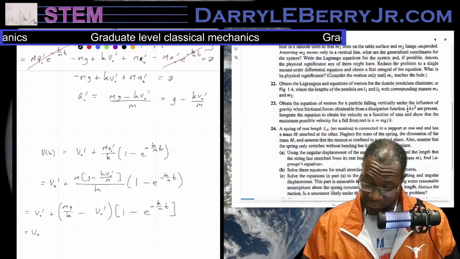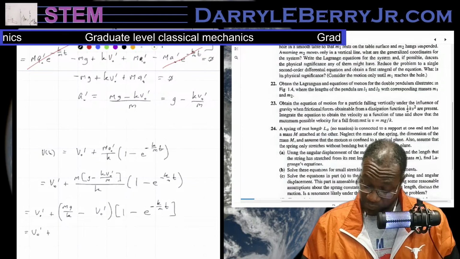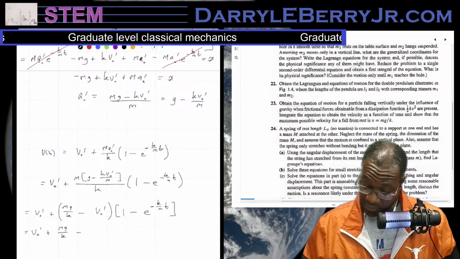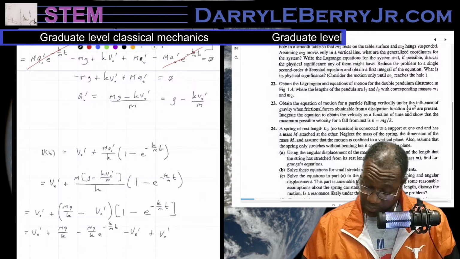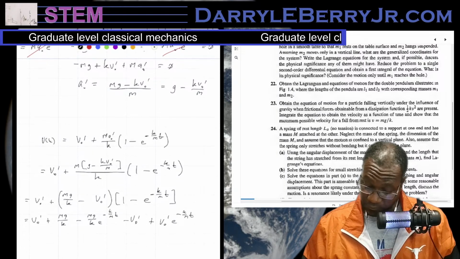So this equals v naught prime plus mg over k minus mg over k e to the negative k over m t, minus v naught prime plus v naught prime e to the negative k over m t.